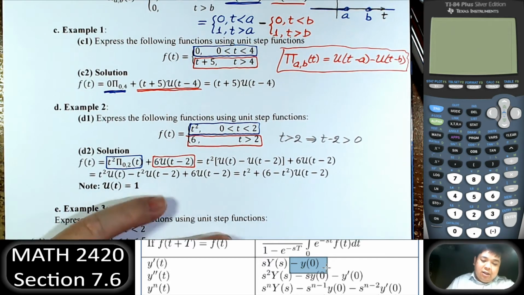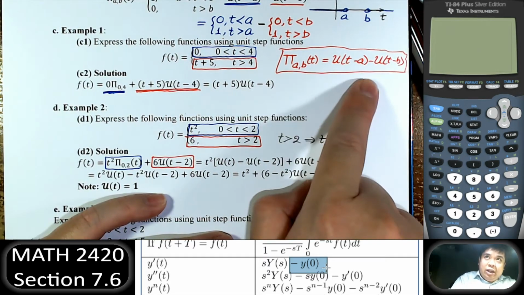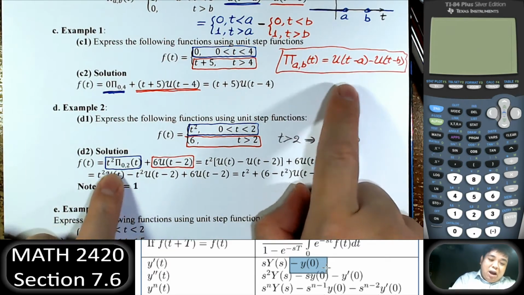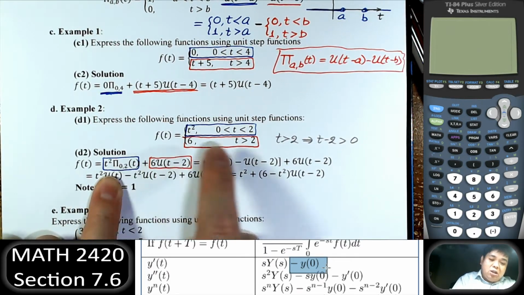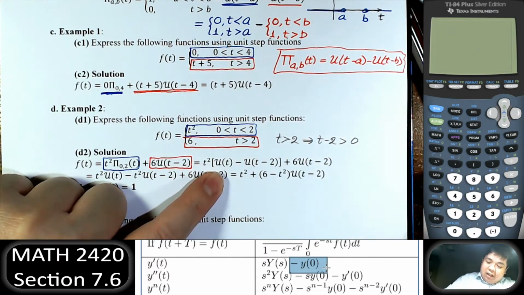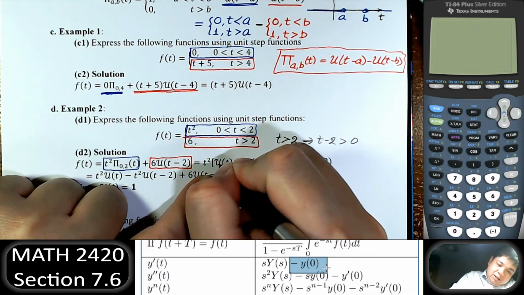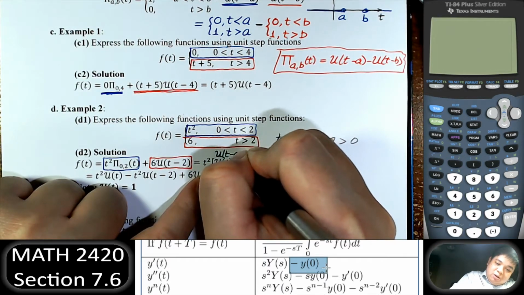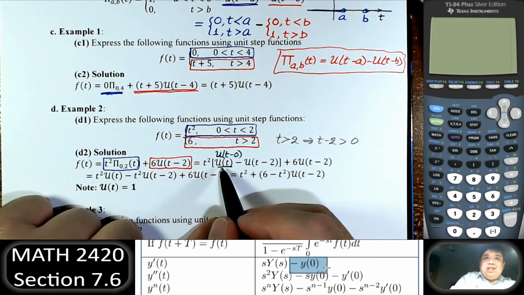Next, the window from A to B is written as u of t minus the left value minus u of t minus the right value. So we have u of t here, because that is equal to u of t minus 0, or just u of t.